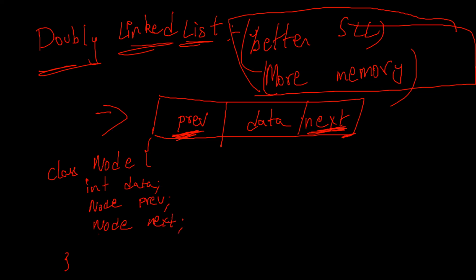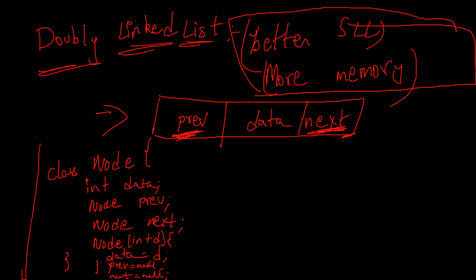And then my parameterized constructor will take integer d, and then it will be making data equal to d. I don't need to make previous and next null because they're already null. Even so, I can put previous equal to null and next equal to null. It totally depends on us. Cool. Understood how exactly a node will be there in a doubly linked list.